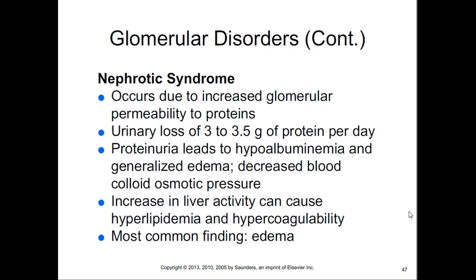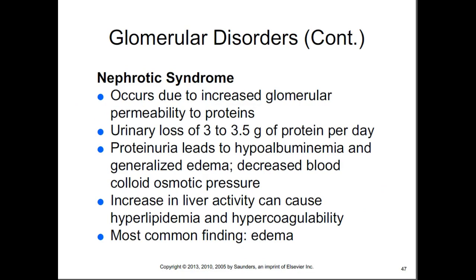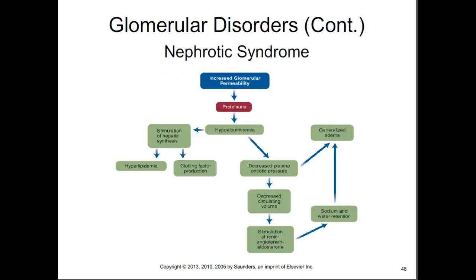You might see a generalized edema, which you absolutely should know why, since you have low protein in the blood, you're going to have edema in your capillaries, right, of the rest of your body, right? And then decreased blood colloid osmotic pressure is a reason for your edema. Increased activity of the liver can cause hyperlipidemia and hypercoagulability, and the most common finding is edema.